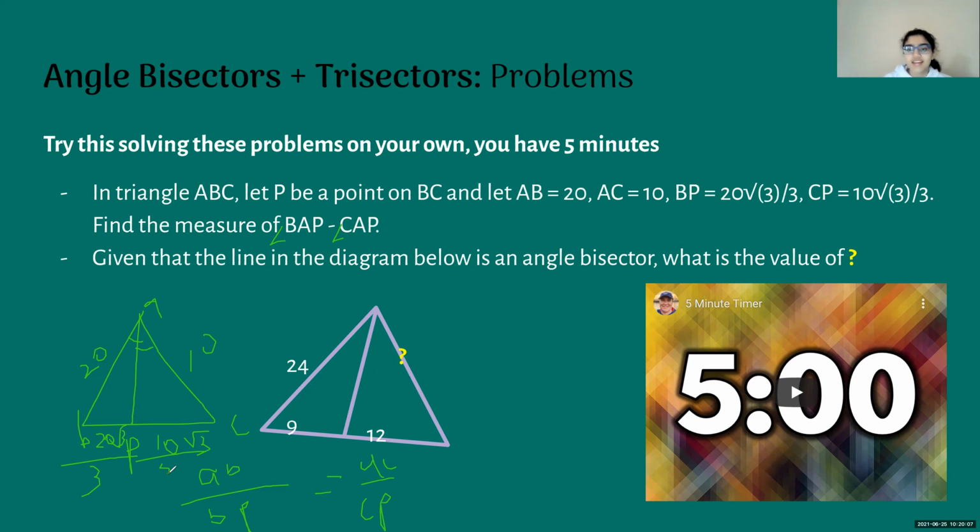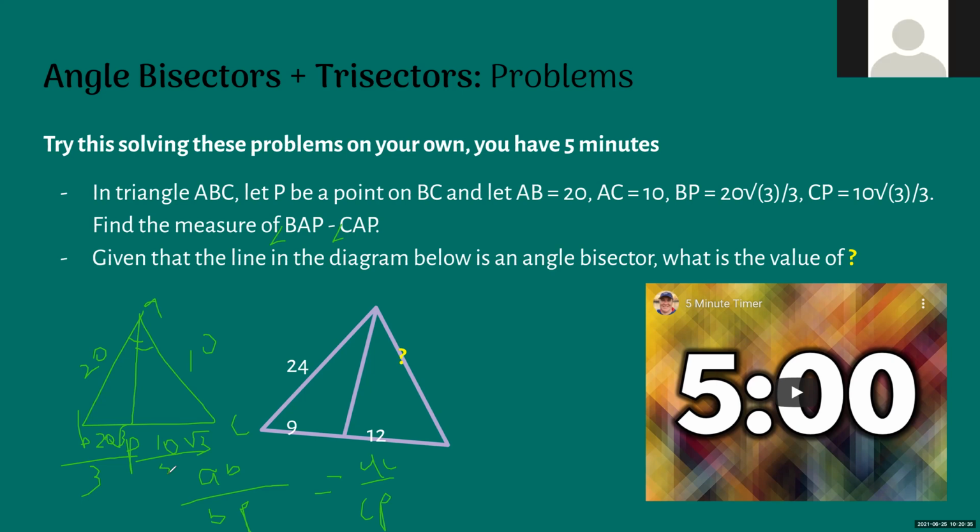Okay, what is an angle bisector? What is an angle bisector? Yes, but what does an angle bisector do to an angle? Just anyone in general at this point, answer.